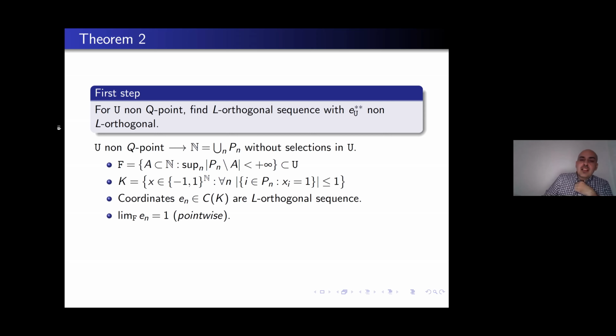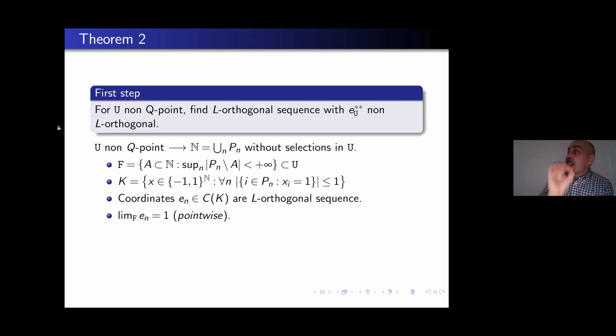This is just because of the definition of K, because what I need to prove is that if I fix, all the characteristic functions are from elements which are actually in the complement of F. I don't want to make computations here, but this is a fact. This is just from the definition of K and the definition of F. The limit through this filter is the constant function equal to 1.